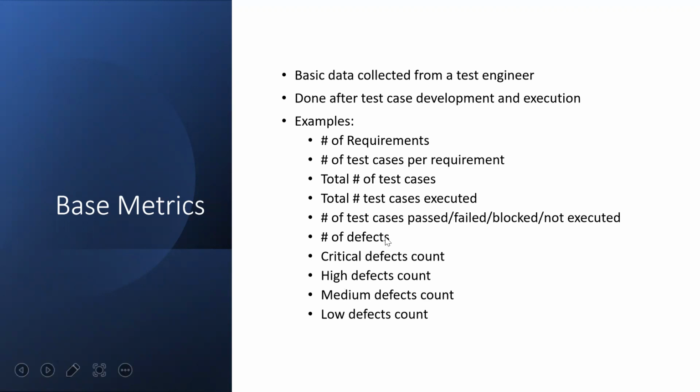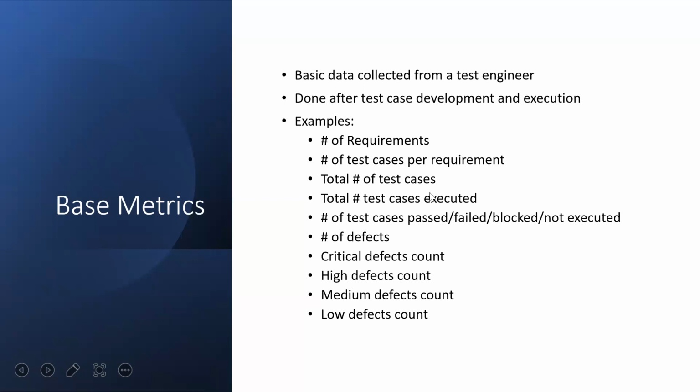It is like number of requirements, how many requirements, how many epics we are having for this sprint or this cycle. Then number of test cases per requirement, for each epic how many test cases I have created, and total number of test cases for all the requirements.